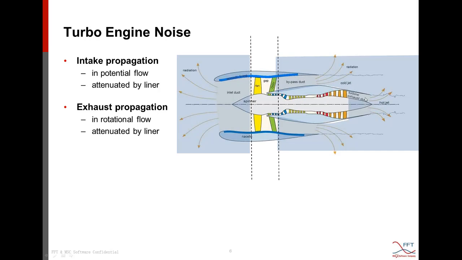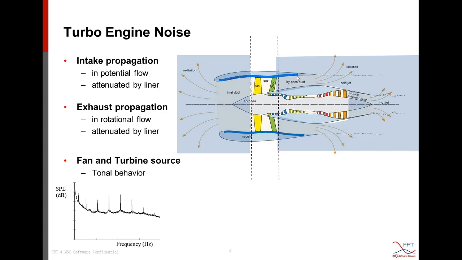And between the turbine exhaust and the bypass exhaust, there will be a shear layer that is not only a velocity one, but also a temperature shear layer, which is a more complex one. And also the acoustic propagation here can be attenuated by the liners, for example, the liners in the bypass duct.